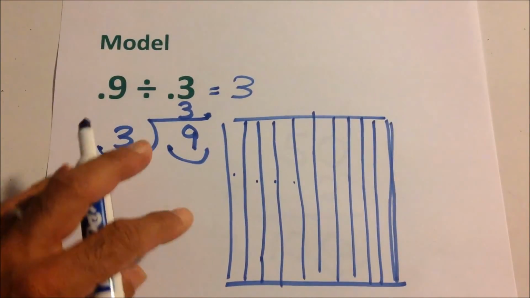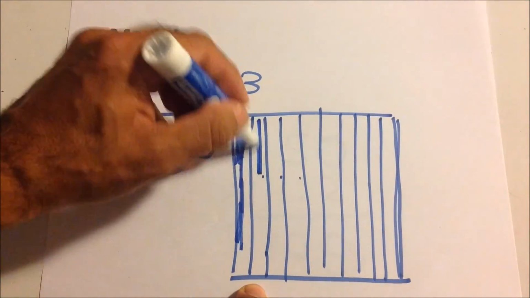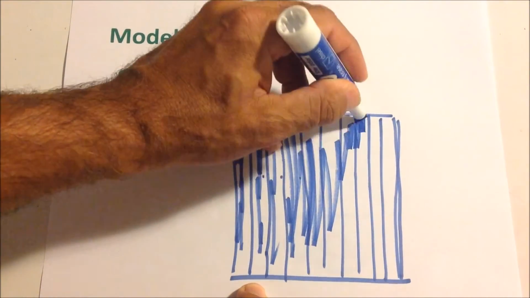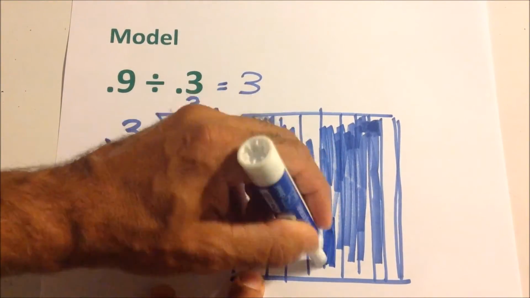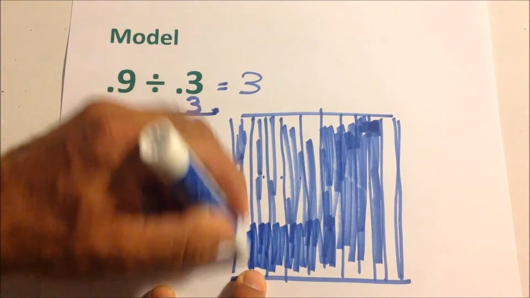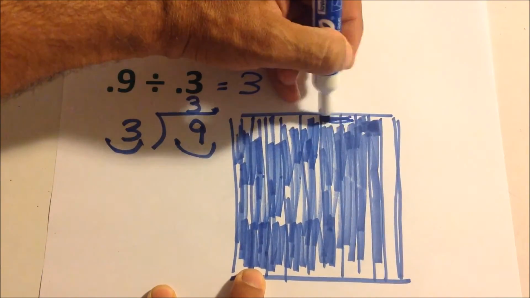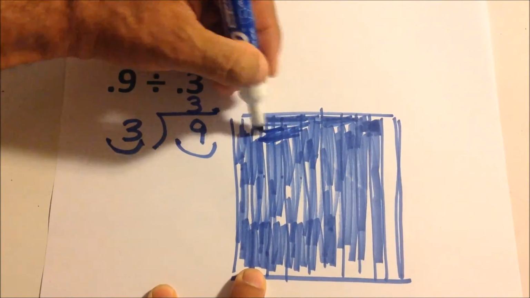Now 0.9 is going to fill most of it, right? So we can just fill all the way up to here. It's 0.9. Alright, get your kindergarten coloring skills ready.